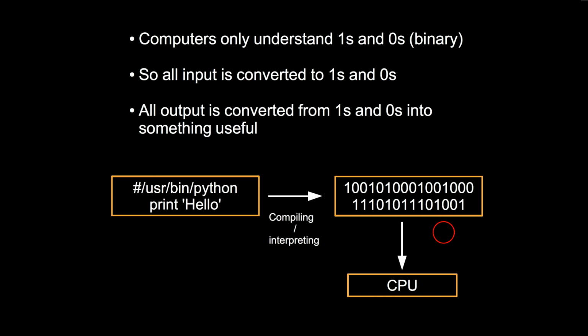Here I've got a schematic example of a Python script, which will just print the word hello. It will go through a process called compiling or interpreting, in which those instructions that are readable to humans are converted into ones and zeros, which are understood by the CPU.